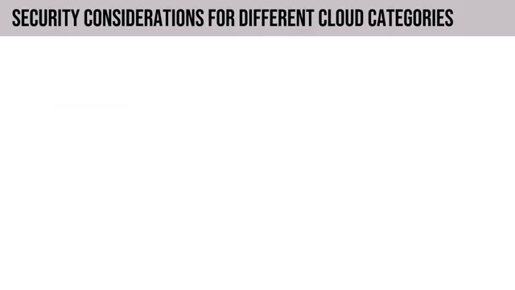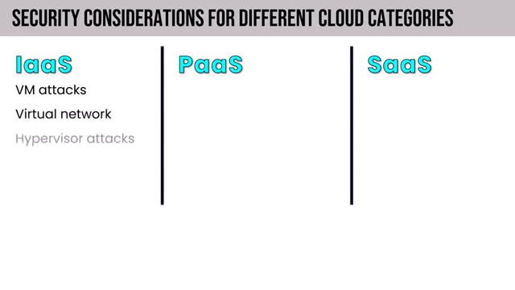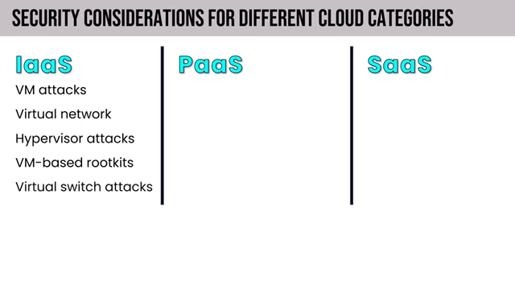Security considerations for different cloud categories. We'll touch on IaaS, PaaS, and SaaS, the 3 core categories of cloud computing. So in the IaaS space, where we're thinking about server virtualization, we have VM attacks, our virtual network, hypervisor attacks, VM-based rootkits, virtual switch attacks, colocation, denial of service.